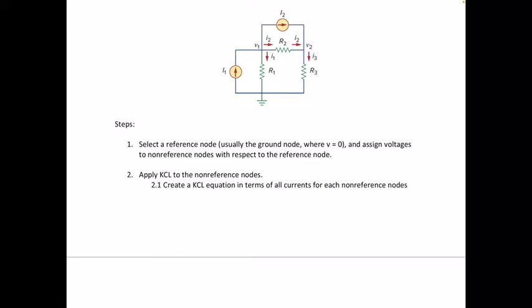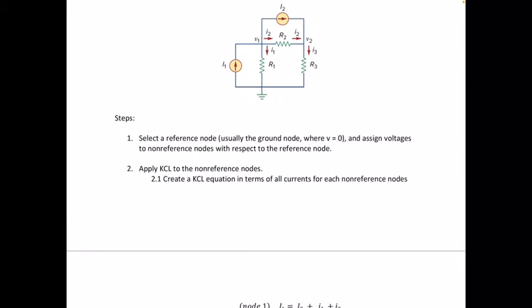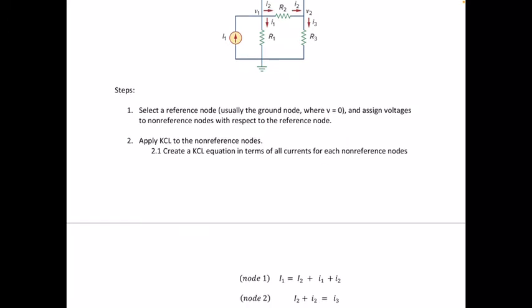The second step would be to apply KCL to the non-reference nodes, again at these two nodes 1 and 2. Again, just to remind everyone that KCL is an equation in terms of currents entering and exiting each node.